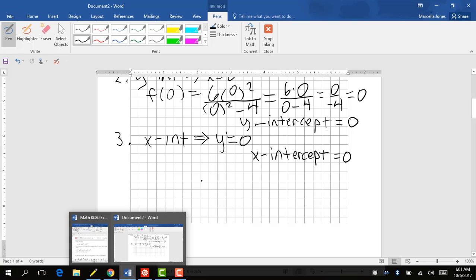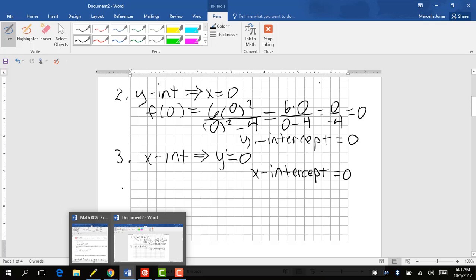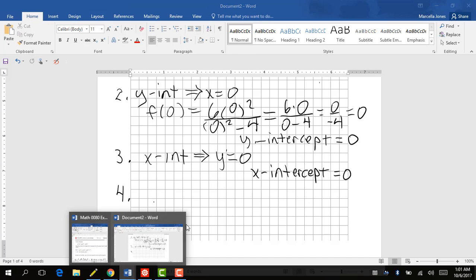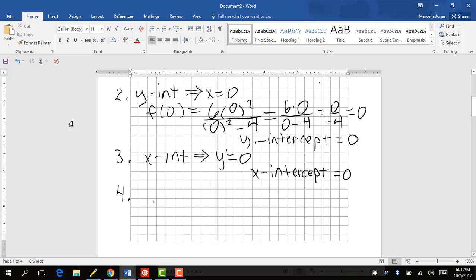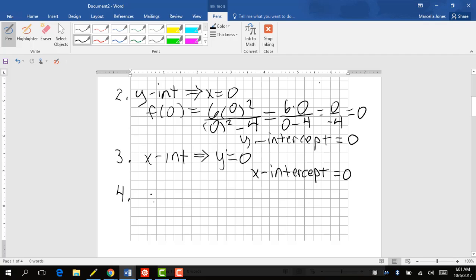Now in part 4, I'm being asked to find the vertical asymptotes. The first thing I do on my search for vertical asymptotes is try to find the values that make my denominator 0.